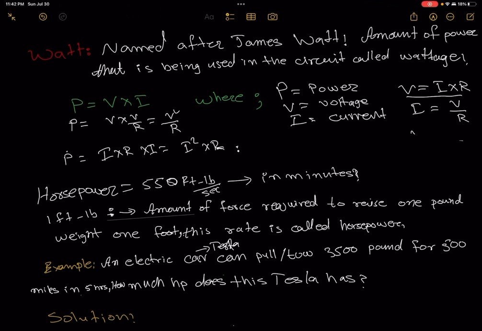So if you flip that, there will be 550 times 60, which will give us 33,000 foot-pounds per minute.